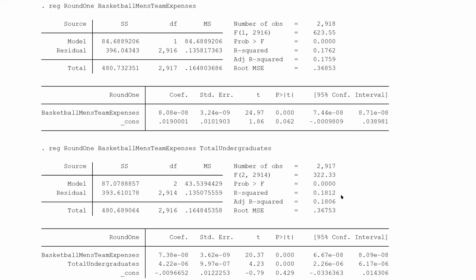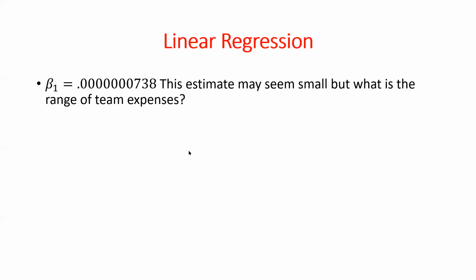It did increase it some, but it looks like the number of undergraduates isn't the most influential thing or isn't the most useful variable when it comes to predicting whether or not a team makes it. And this kind of makes sense. So there's a lot of small schools that make it in the tournament. And so it may not be that these two things are really that correlated. Right? But there's probably other things that would matter, right?